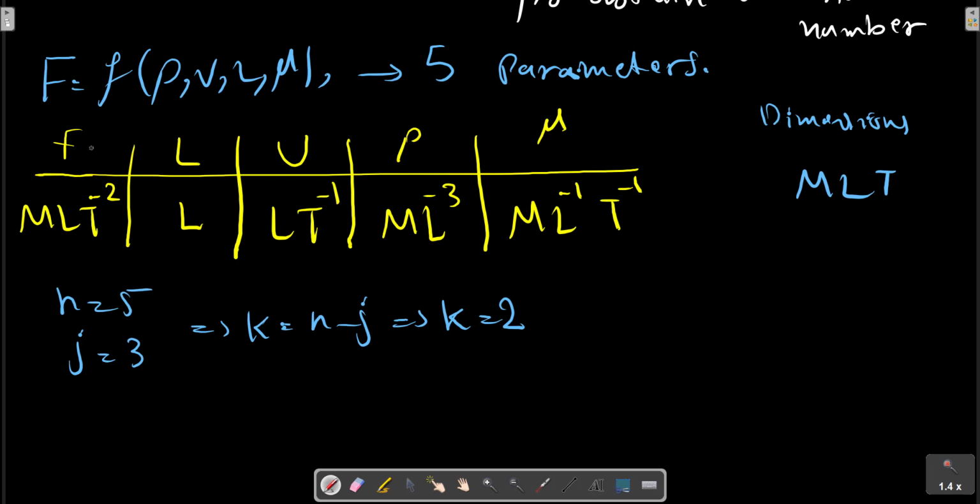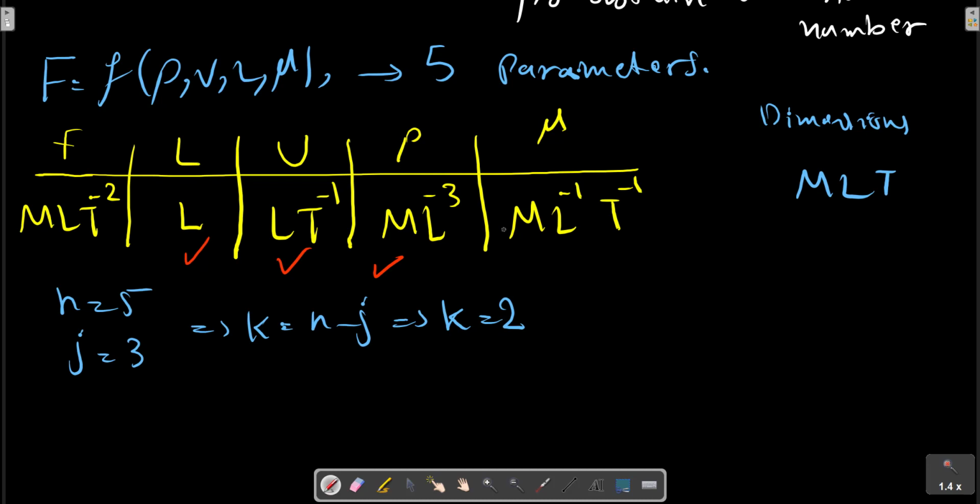From the dimensions of our parameters, we can realize that L, U, and rho cannot form a pi group because rho contains M and U contains T. So these 3 parameters don't cover all the dimensions in all parameters, so they can't make a pi group.